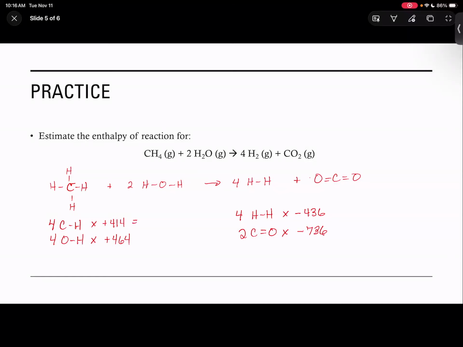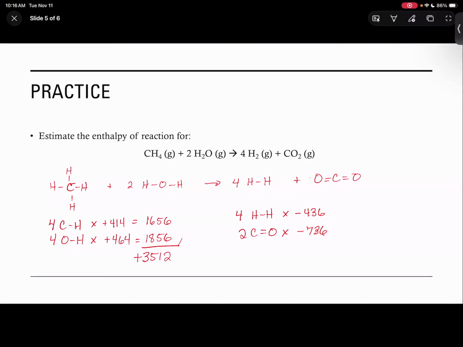So we have 4 times 414, which is 1,656. We have 4 times 464, which is 1,856, for a total on the reactant side of 3,512. And again, that is a positive value.